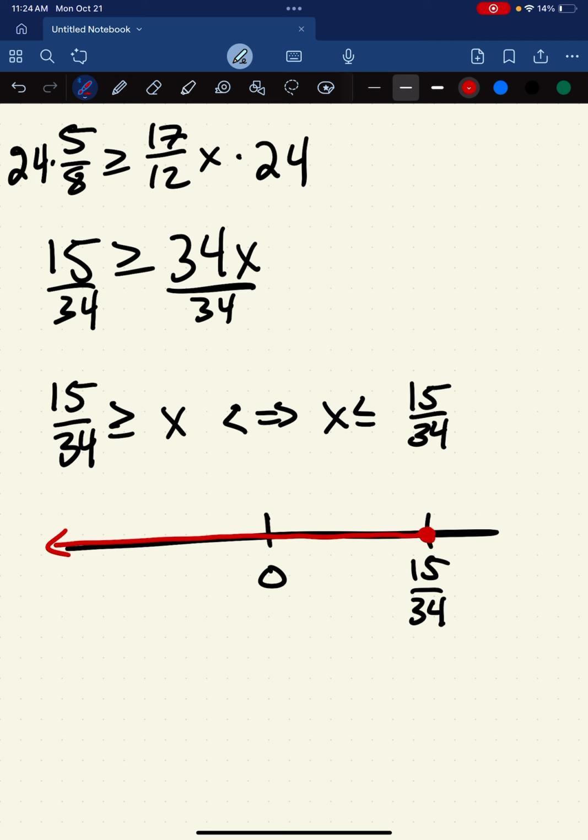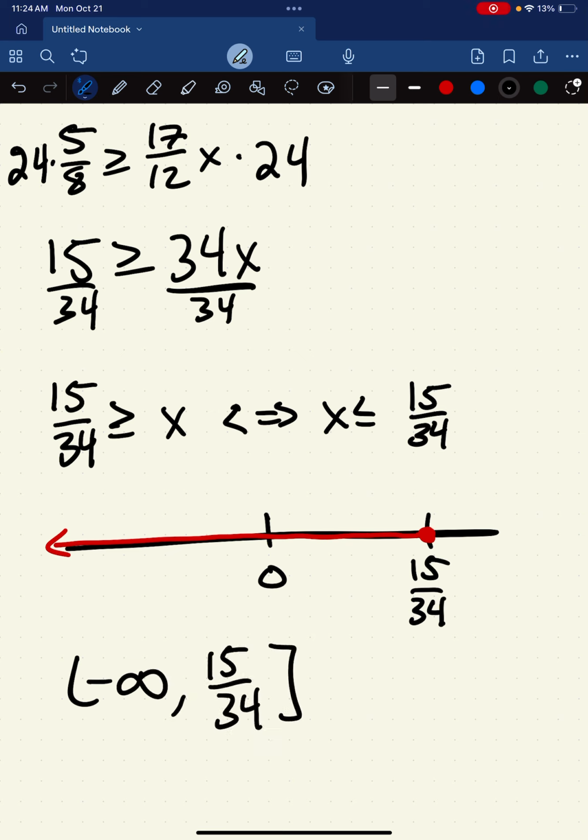Because it could go down to negative infinity, because as low as you want, and it's still less than 15 over 34. And the way we would write that in interval notation, you actually wouldn't have to know how to write that if we did it just in interval notation, the interval here, we would have negative infinity to 15 over 34.